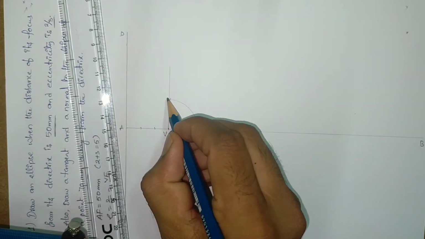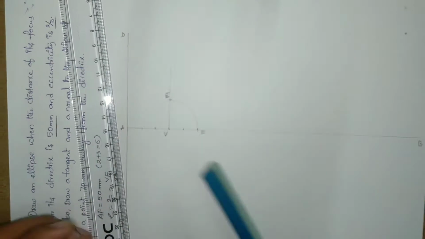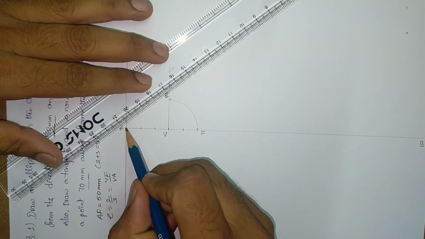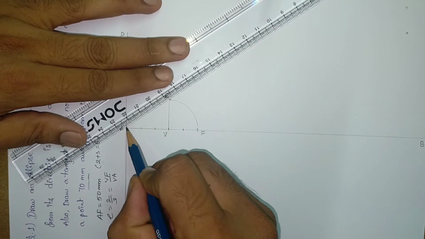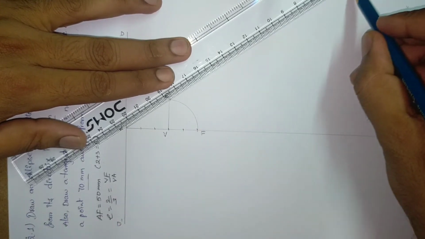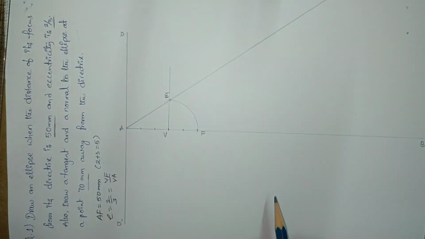This intersection point is E. Draw a line from A through E, and extend it to some length.